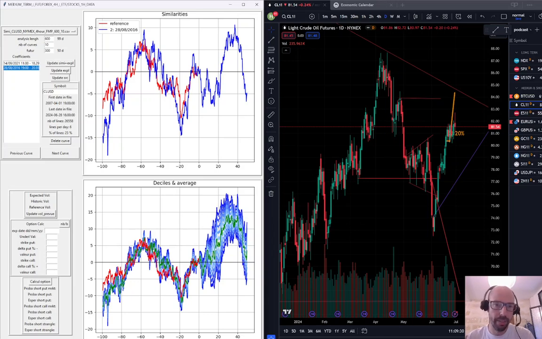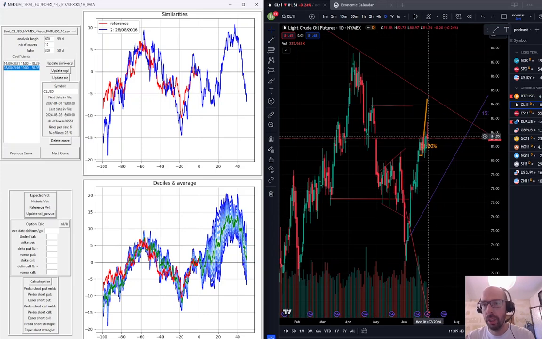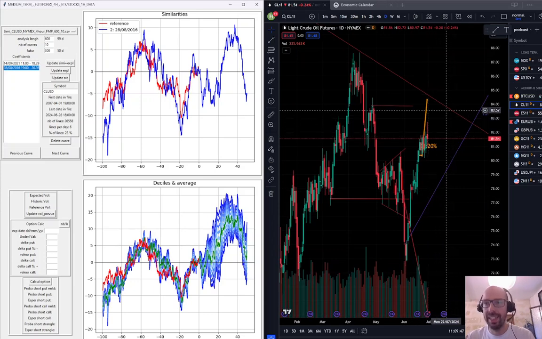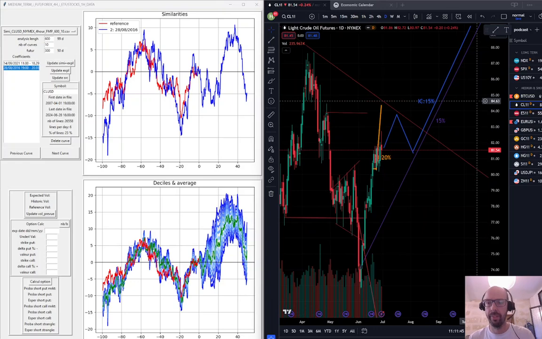Okay, the average of the two is just a period of trading range for the next 15, 20 days, and then up. That would correspond here to a trading range hitting the trend line here, and then up movement if it breaks the trend line.